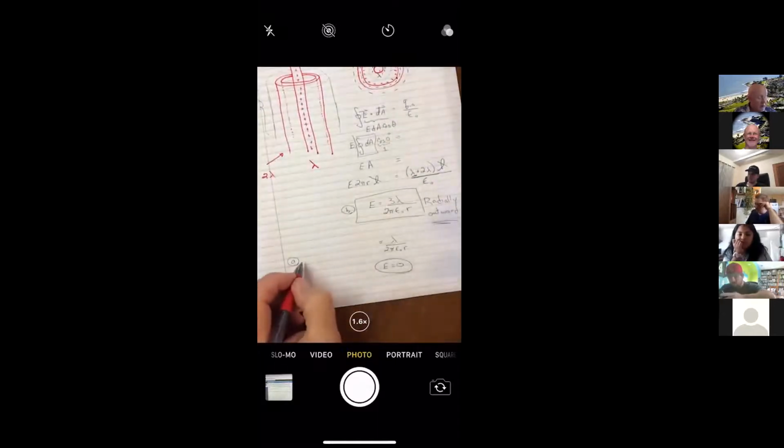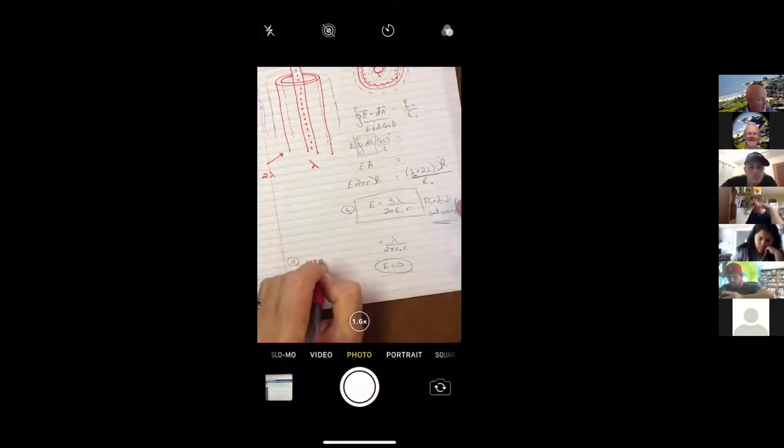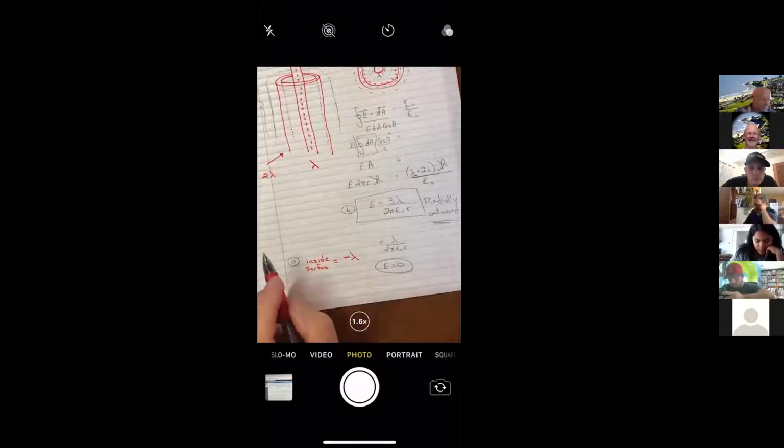So then the inside surface must equal negative lambda. They must be exactly the right amount and of the right type to stop the electric field.